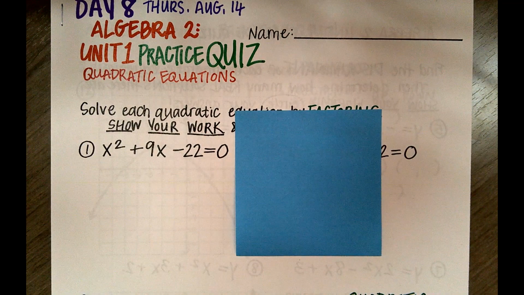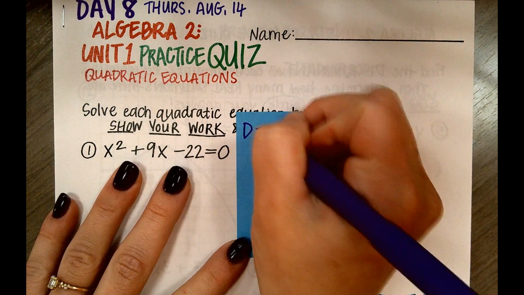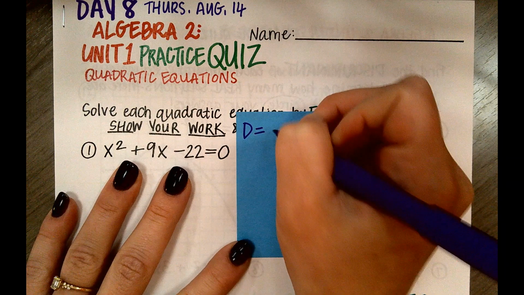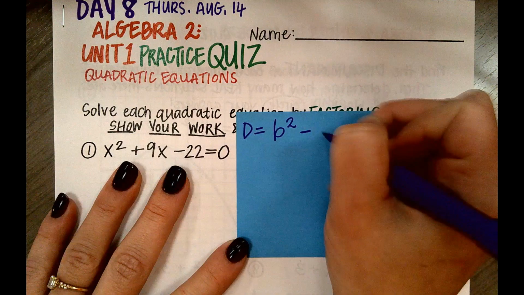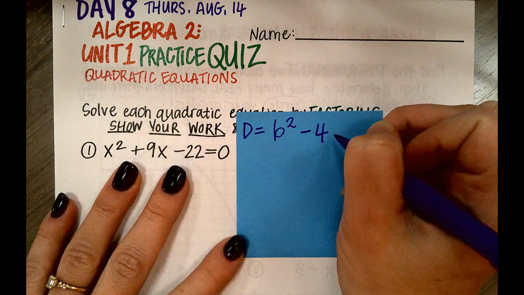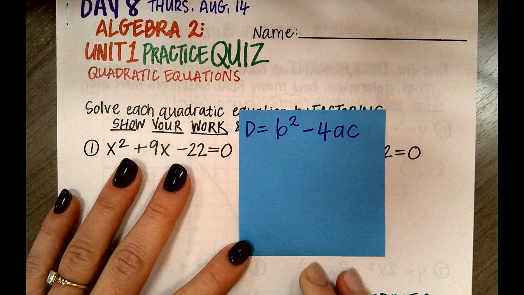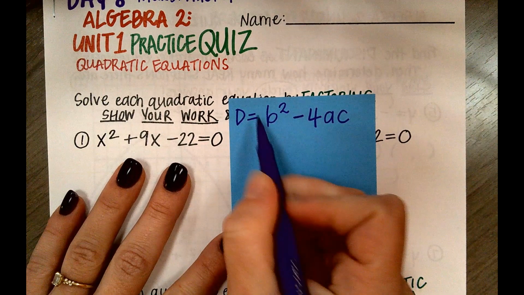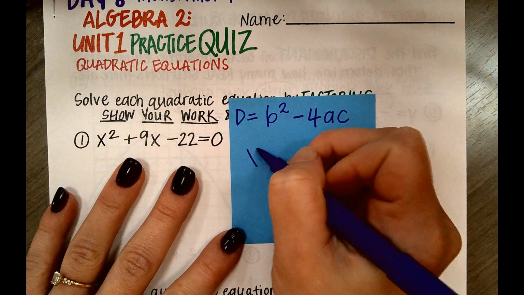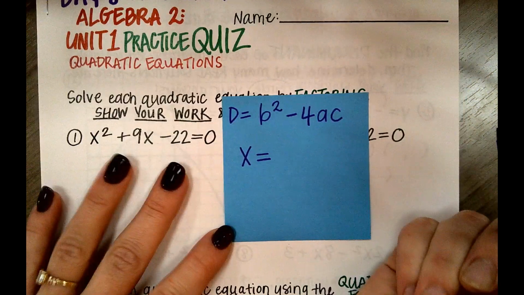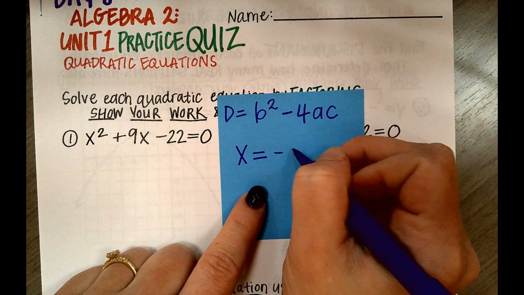So what is the first formula we will need? Discriminant formula. What is the discriminant formula? D equals b squared minus 4ac. Perfect. D equals b squared minus 4ac. Okay, and once we have the discriminant, that gets plugged into the quadratic formula, which is x equals, what is it?